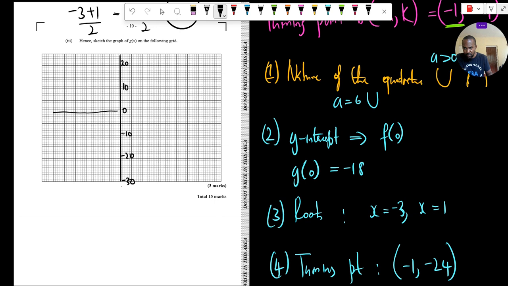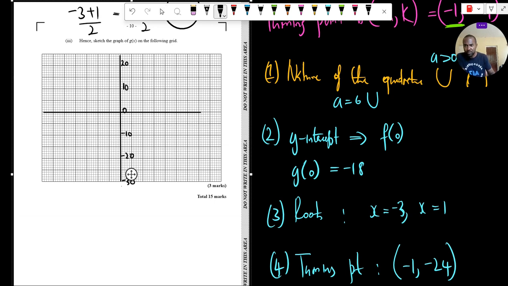This is going to be my x-axis, to make it symmetrical. All right, so that is my x-axis.